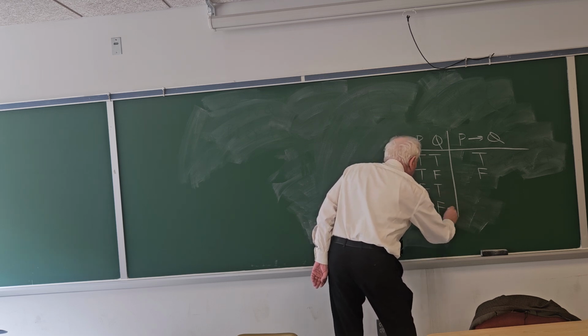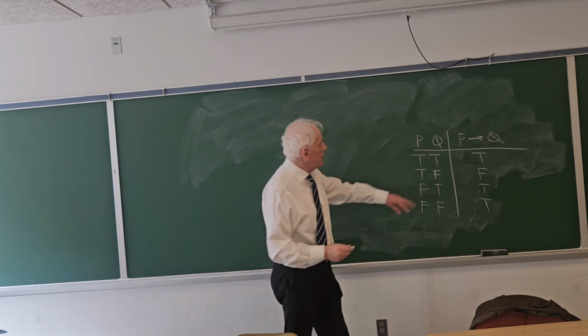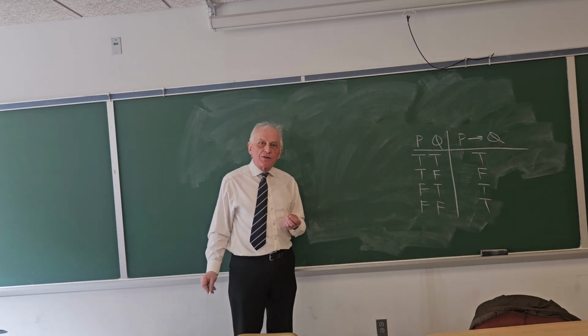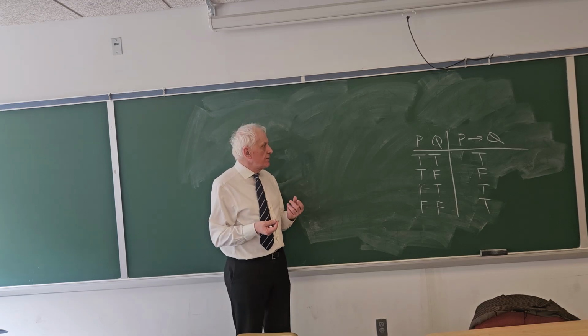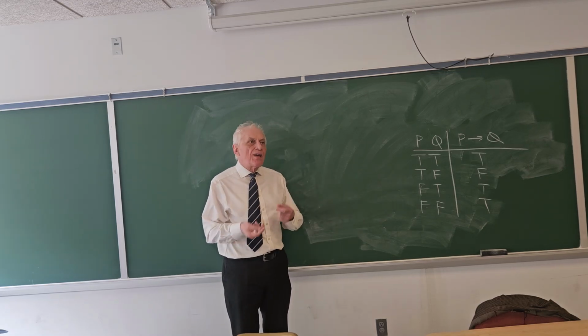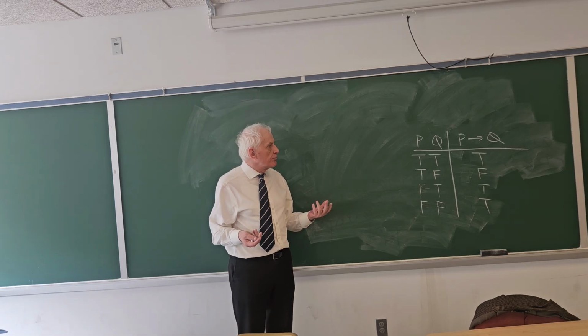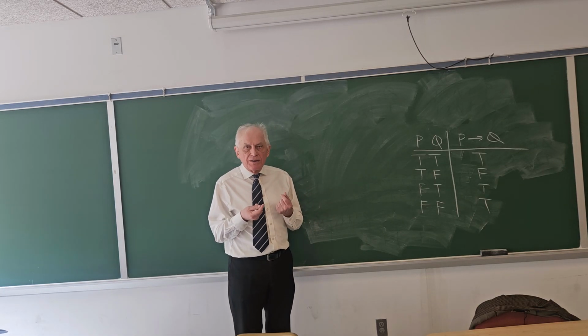And then it's true when the antecedent is false, whatever the truth value of the consequent. So like the disjunction, the conditional is true on 3 of the 4 lines, and that means you don't know very much. You don't know very much when you know a conditional is true.